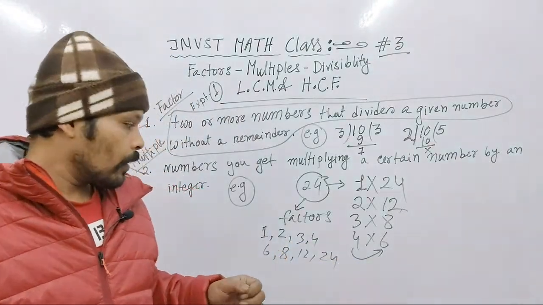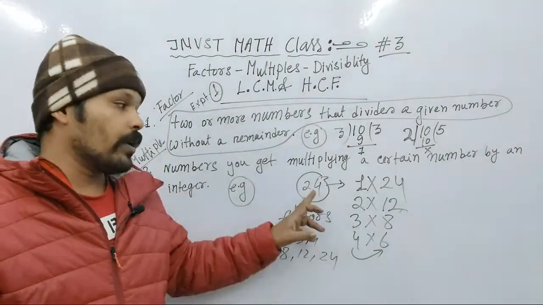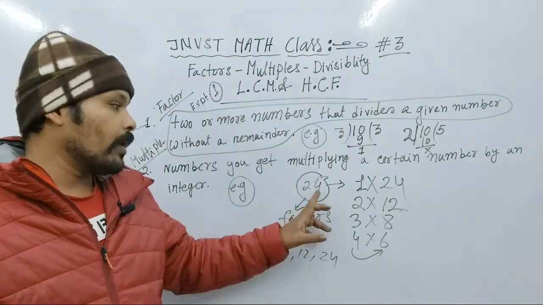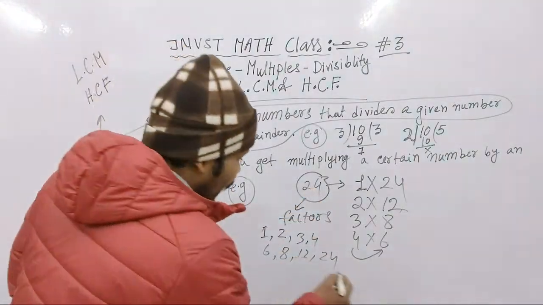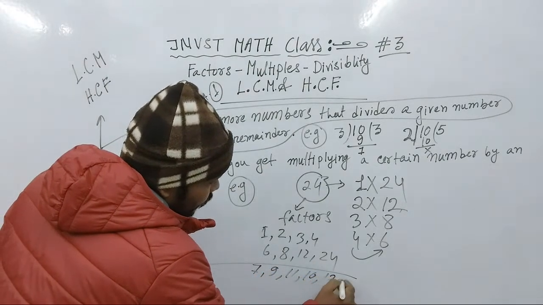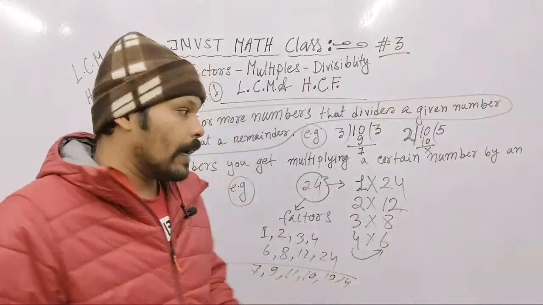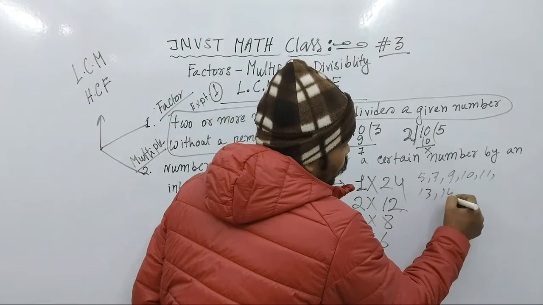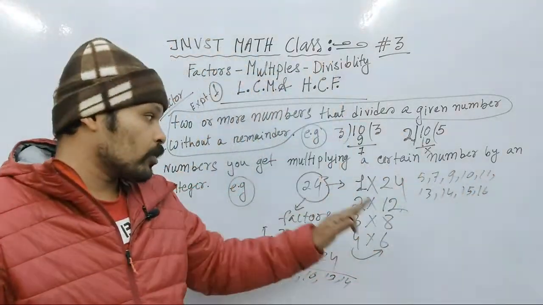You just check: by 1 you can divide 24, by 2, by 3, by 4, by 6, by 8, by 12, and by 24 you can divide it. But by 7, 9, 11, 10, 13, 14 you cannot divide it. You cannot divide 24 by 5, 7, 9, 10, 11, 13, 14, 15, 16. That is why these are not the factors of 24.